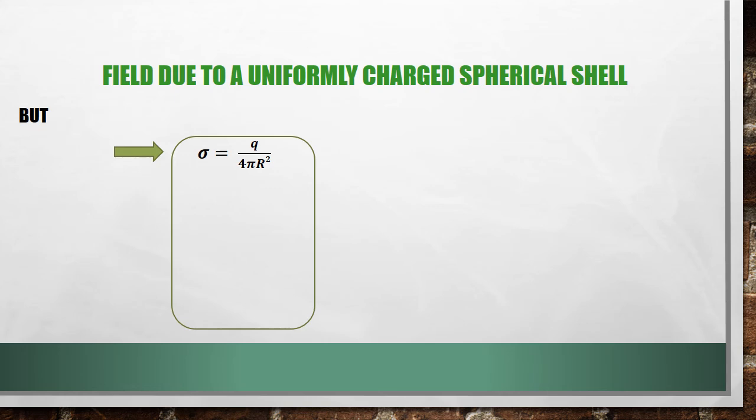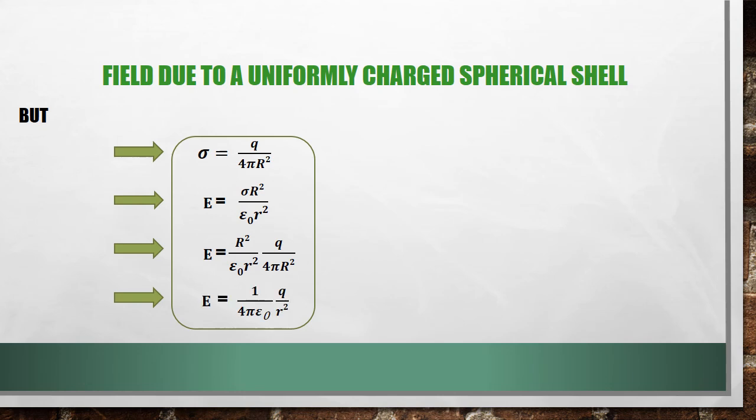But sigma is equal to q by 4 pi capital R squared. On substituting the value of sigma, E equals capital R squared by epsilon 0 small r squared into q by 4 pi capital R squared. On simplification, we get E equals 1 by 4 pi epsilon 0 into q by r squared. Therefore, this field is equivalent to that due to a point charge.